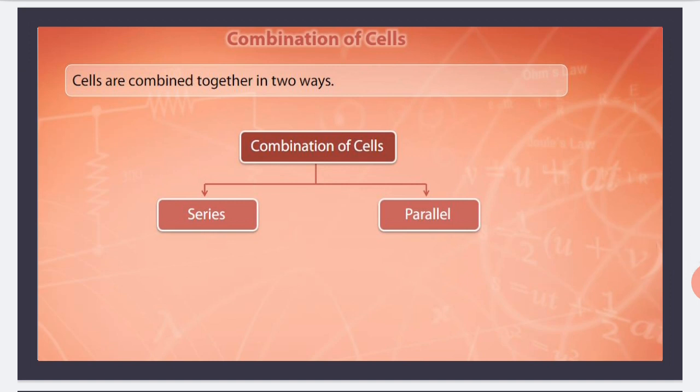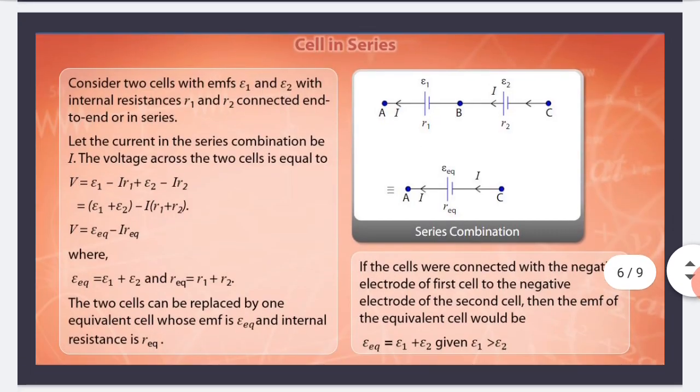Now, how the cells are connected in a circuit, that is, combination of cells. The cells are connected in a circuit in two ways, series combination and parallel combination, and the third one, the mixed. That means you can connect the cells in series and parallel both. First of all, in series combination, look at the figure.